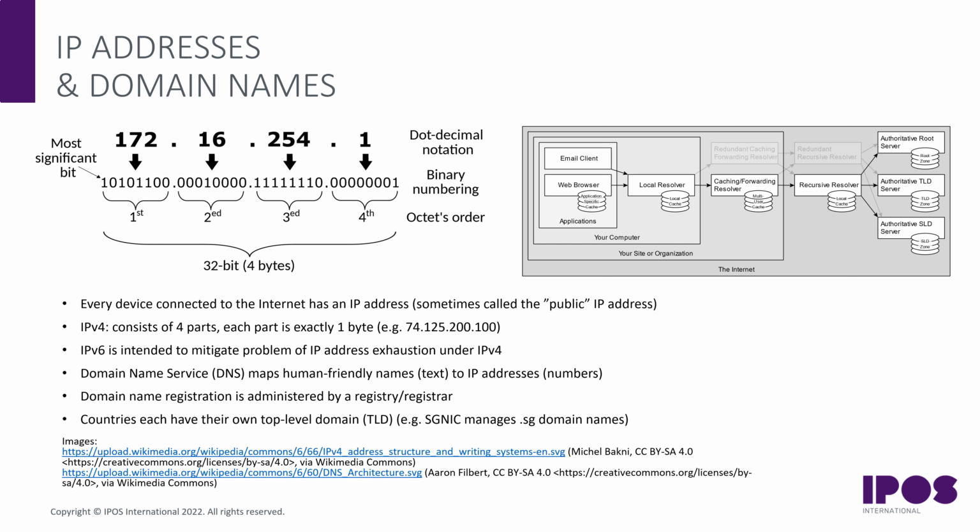Once a device is connected to the internet, it is assigned a public IP address. This address is called public to distinguish it from the device's private or local IP address, which is used within the local area network. So generally speaking, there will be two levels of routing before a packet arrives at the device that is connected to the internet.